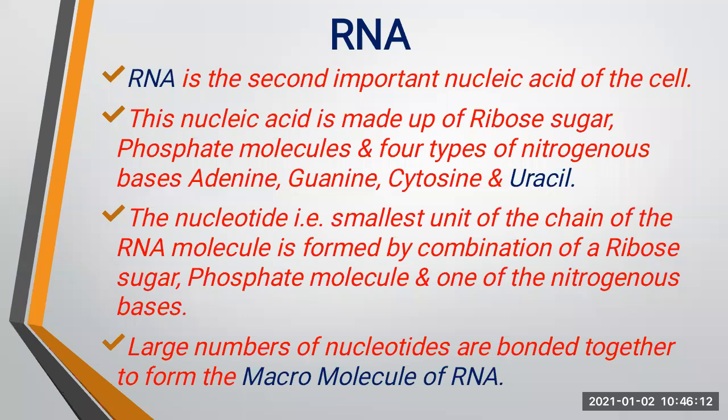The nucleotide, that is the smallest unit of the chain of the RNA molecule, is formed by the combination of a ribose sugar, phosphate molecule, and one of the nitrogenous bases. A large number of nucleotides are bonded together to form the macromolecule of RNA, right? So this is also called the nucleic acid, ribose nucleic acid, RNA.